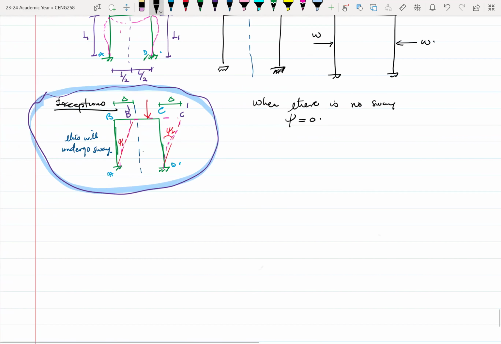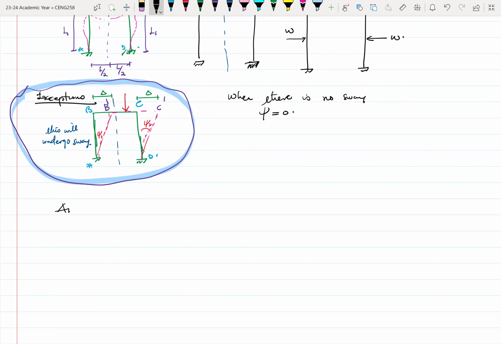And the analysis of non-sway frames is similar to the analysis of beams.